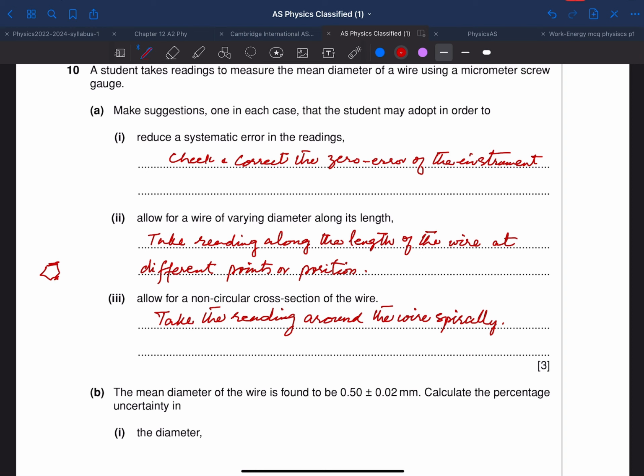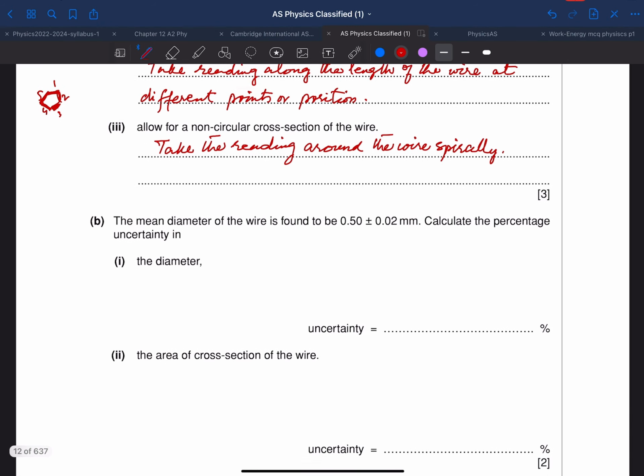Suppose these are positions 1, 2, 3, 4, 5. At one point you fix your screw gauge between 1 and 3, then between 2 and 4, and then between 3 and 5. In this way you move your screw gauge spirally, and you can find the nearly correct value. So this is what we have as far as the measurement is concerned.